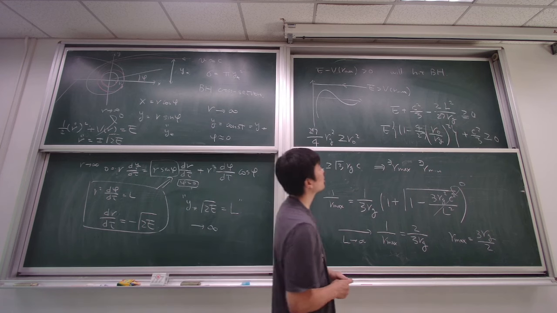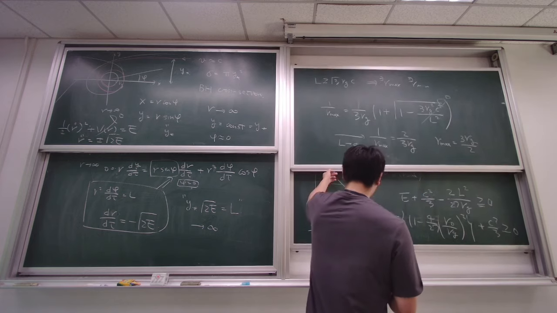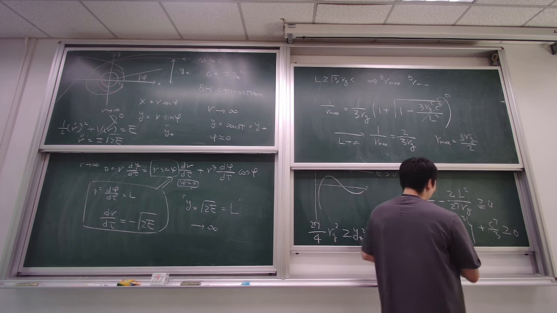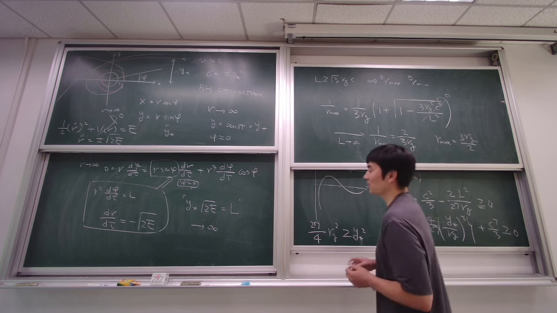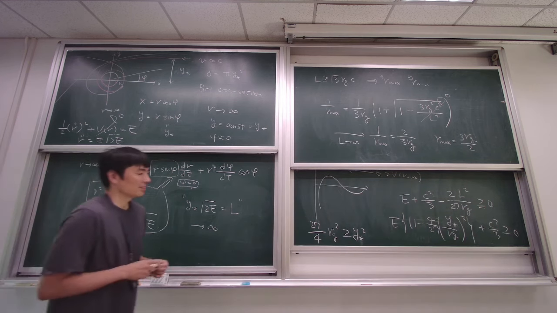Sorry, I shouldn't use r0. Sorry, I call it y star. Anyway, y star. I think it's a bad name on my blackboard. In my lecture it's better, I call it R0 instead of y star. Sorry about it.